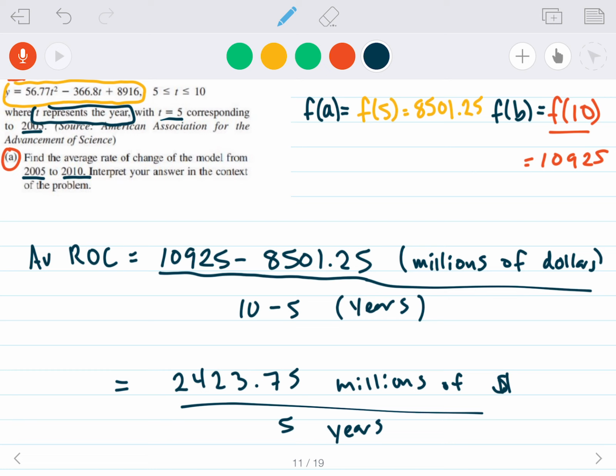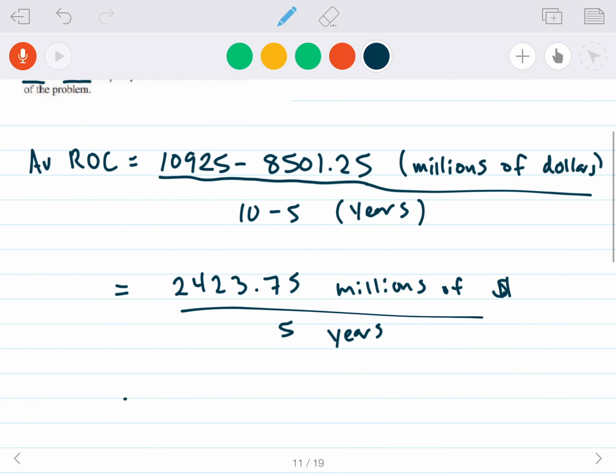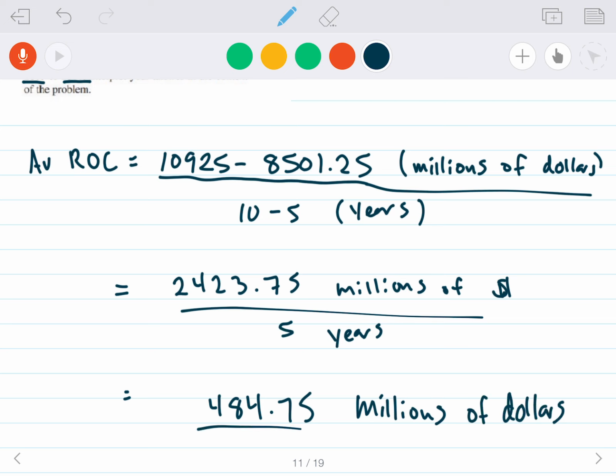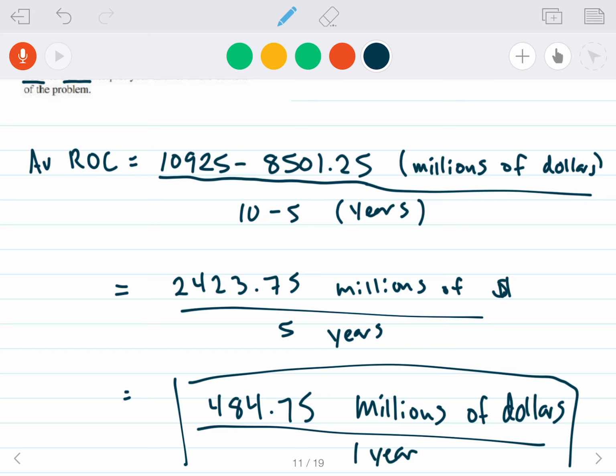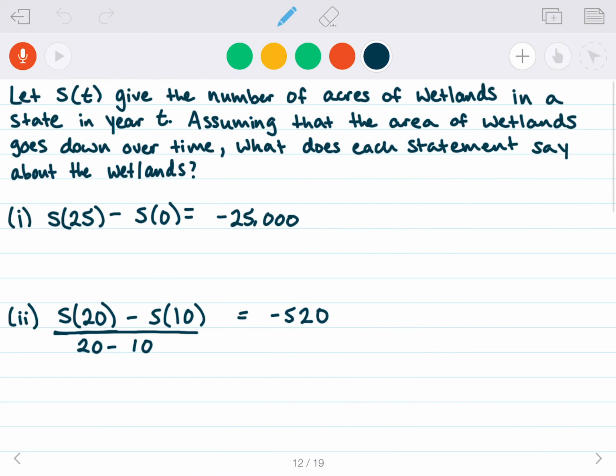Simplify this even further. To divide 2375 divide by 5, and I'm getting 484.75 millions of dollars per year. That is my average rate of change in this situation.